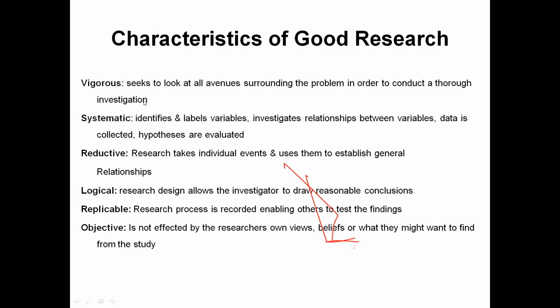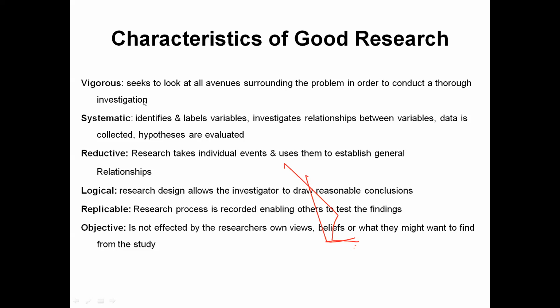So this is what you call an individual event, which leads to establishing the general relationship. We have several examples for it, using an individual event to establish the general relationship. So your research characteristic should be like that.